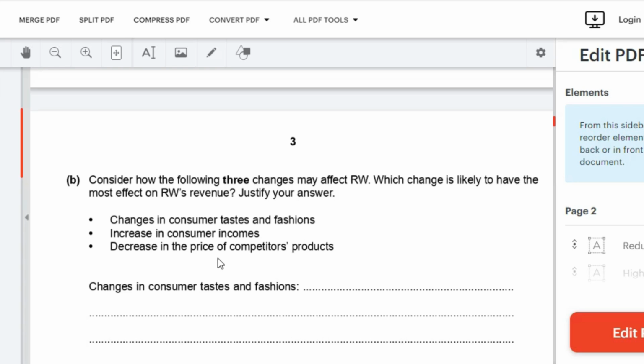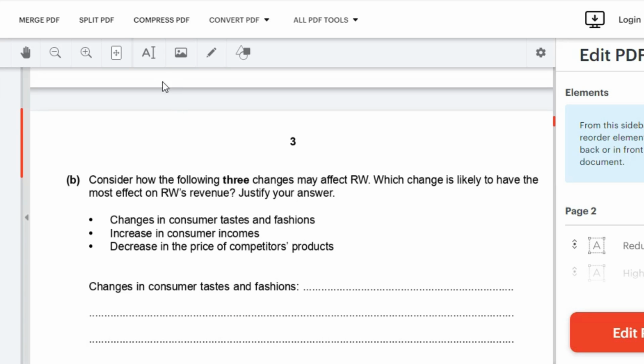Now, the first one here, we have change in consumer taste and fashions. How does change in consumer taste and fashion affect the company's revenue? Of course, let's use an example of a factory product. As I said earlier, we have paint, furniture. We have increased demand.